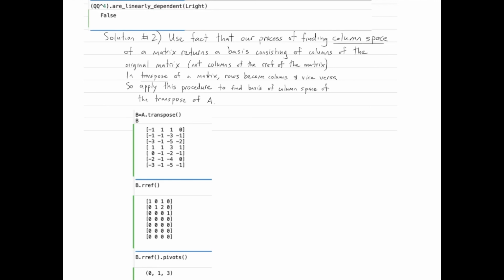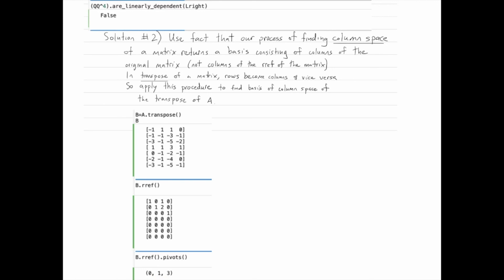And now what was our procedure for finding a basis for the column space of a matrix? Well, that was quite simple. You just take the RREF of the matrix. So we take RREF of B, and then identify the pivot columns. So they're this, and this, the position of the leading ones. So the first column, the second column, and the fourth column. Or if you're numbering via Sage, it's column 0, column 1, and column 3.